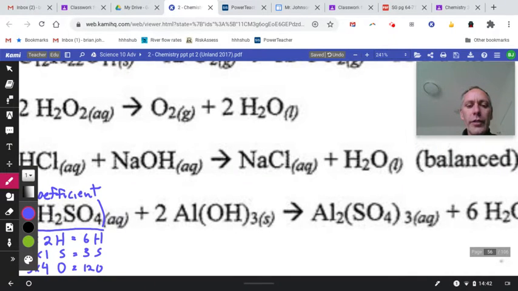Okay, Al(OH)3, 2 of them. So how many aluminum in total? So 1 aluminum, the 2 in front applies to everything. So that means 2 aluminum in total. How many oxygens in total? Okay, so you do the subscript first. There's 3 oxygens and 3 hydrogens in this OH.